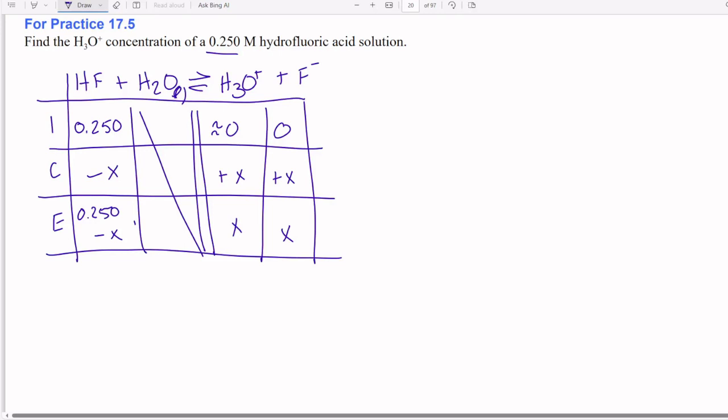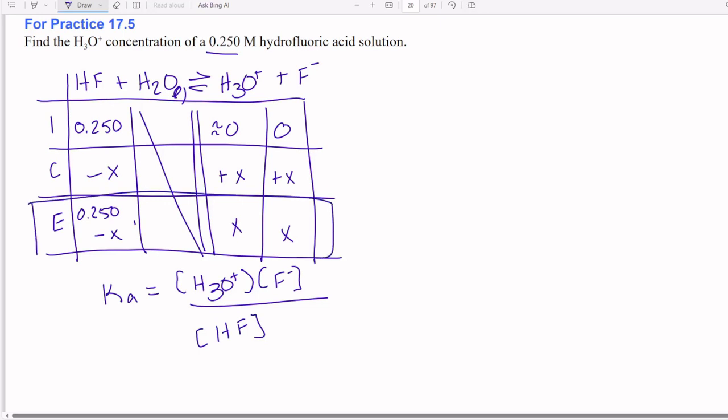Now I can set up my K expression. So K is equal to H3O plus times F minus over HF. Remember, it's products over reactants at equilibrium, so my equilibrium row right here. So now I can plug the values in from my equilibrium row, and I have 6.8 times 10 to minus 4. Where did I get that number? This is the Ka for hydrofluoric acid.